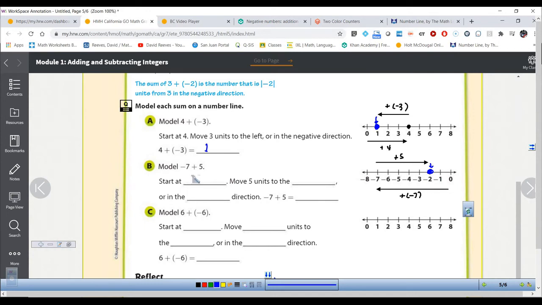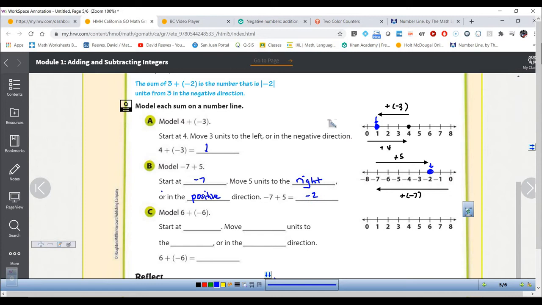Okay, we really started at 0, went back 7, then we move 5 units to the right because it is a positive that we're adding, or in the positive direction. And we get negative 7 plus 5 is negative 2.